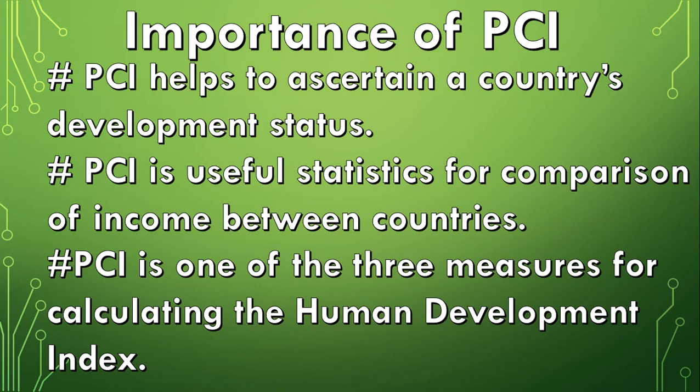PCI is the average income of a person in the country. So when we find out PCI, we can compare how much richer the other country is, or by how much the country is lagging behind in income. Like that, to compare between two or more countries, we need PCI.